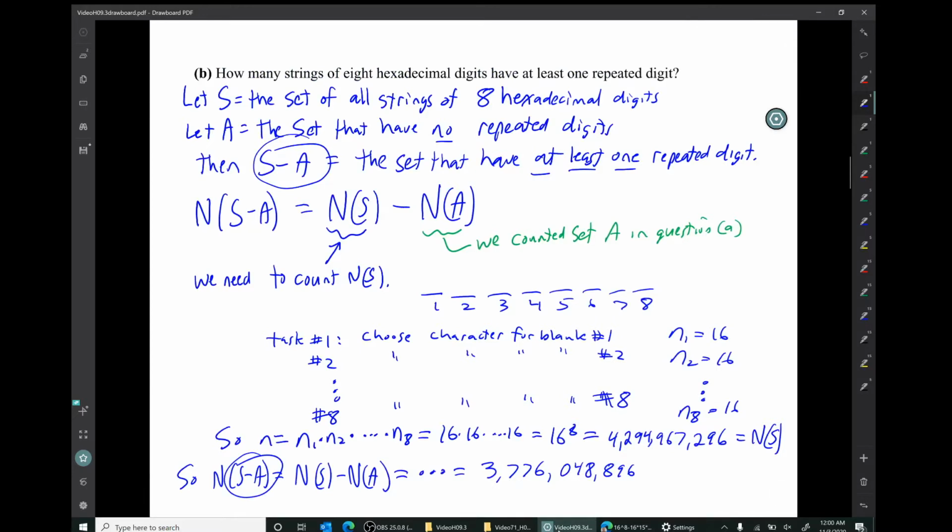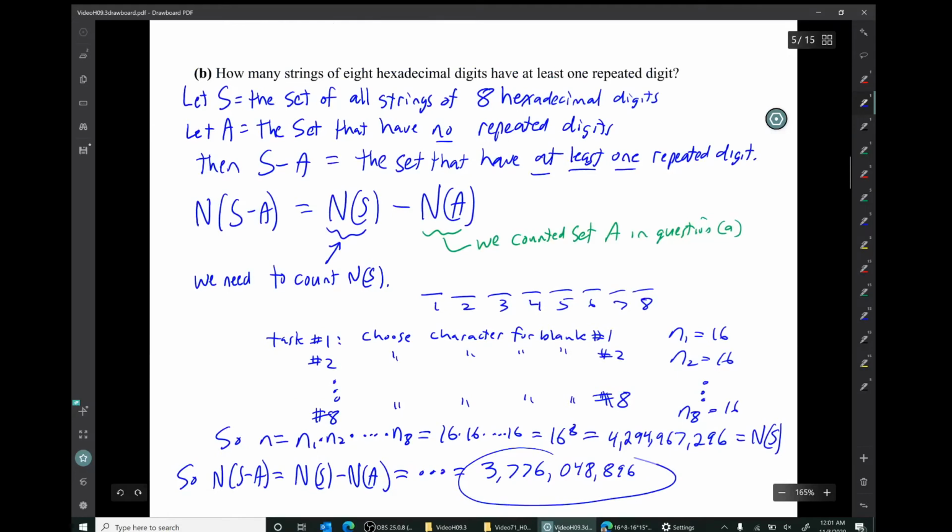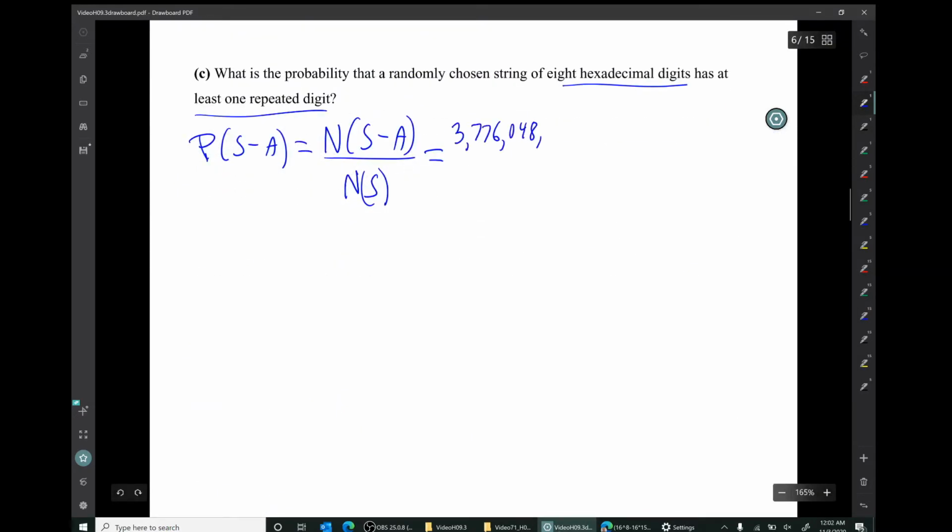So the probability of S minus A will be the ratio of the number of elements in the set S minus A divided by the number of elements in set S. Well, those numbers are sitting on the previous page. There's the number of elements in S minus A. There's the number of elements in set S. When we divide, we get the following. We end up with a probability of roughly 0.879.